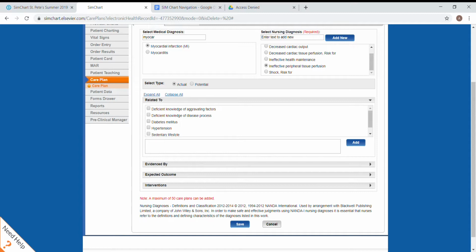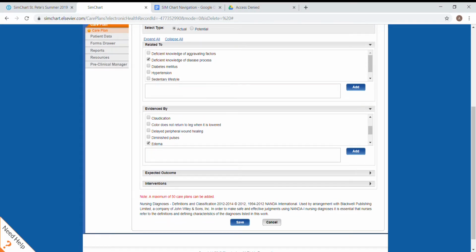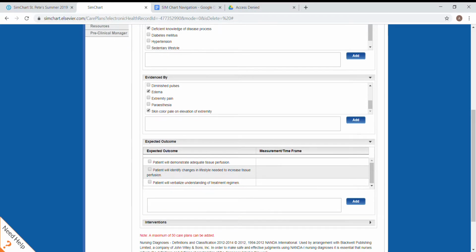We'll say deficient knowledge of disease process as evidenced by, we'll say edema, blood pressure changes, skin characteristics, pale skin. Expected outcome: patient will, measurement, will demonstrate adequate tissue perfusion.